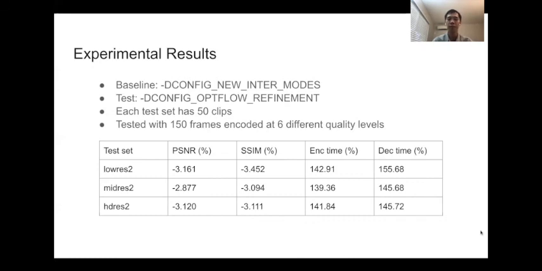The gain in PSNR is about 3%, and similar gain is observed in SSIM. The encoding time is increased by about 40%, while the decoding time is increasing between 45 and 55%.